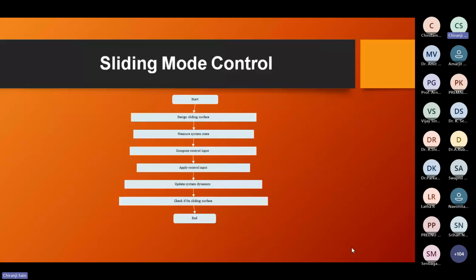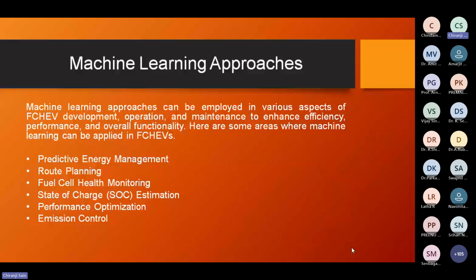Machine learning is one of the subsets of AI techniques by which we could forecast or predict the future nature or behavior of the different data sets that we are looking at to integrate the energy management strategy in this particular context.